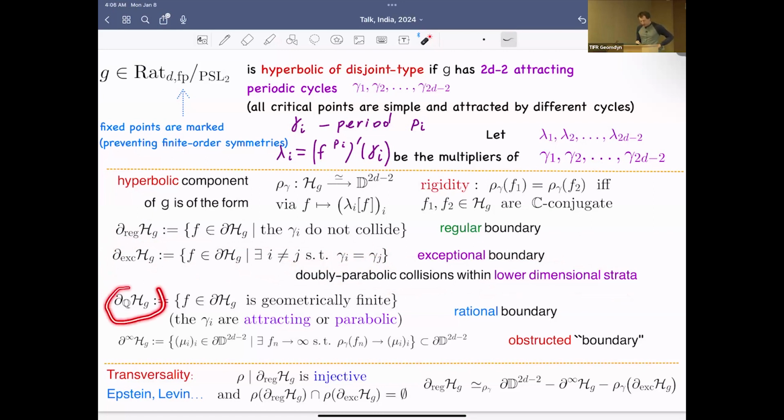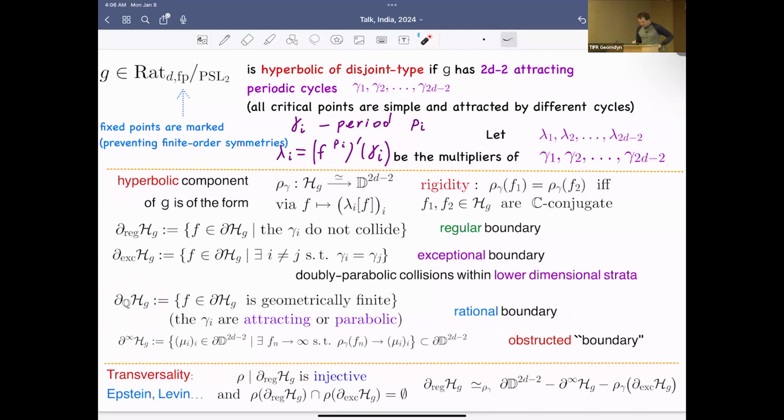Let us also define the geometrically finite or rational boundary. This is the set of maps where we have only attracting and parabolic domains. And let us also define the obstructed boundary. This is going to be the subset of the formal boundary using our identification.